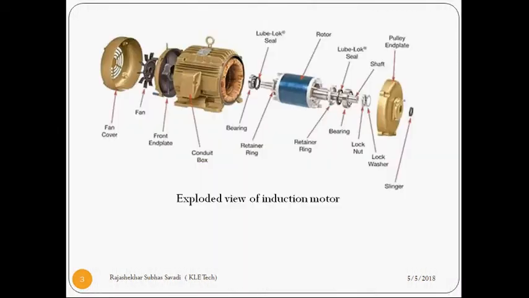This is an exploded view of an induction motor. This motor consists of subsystems. If you consider this motor as a system, then there are subsystems within this. Let us say this is one subsystem. This consists of so many subsystems again within this, like windings and so many.